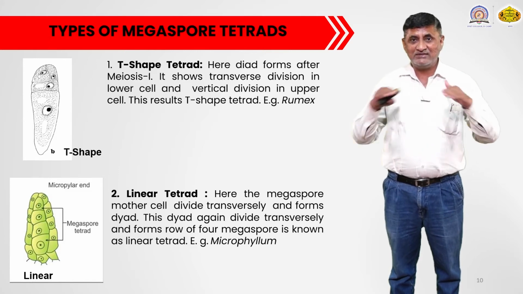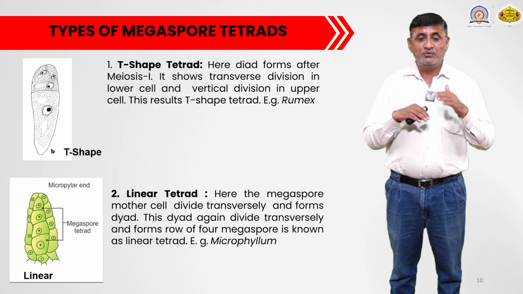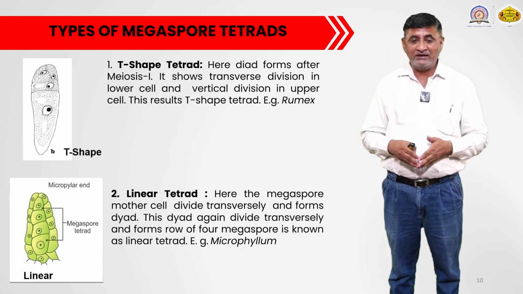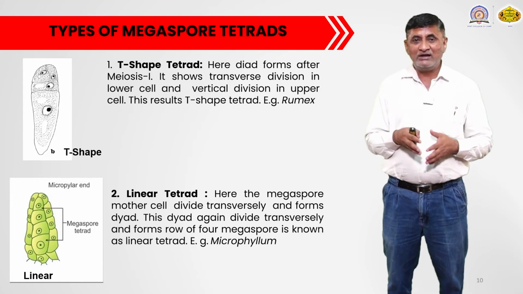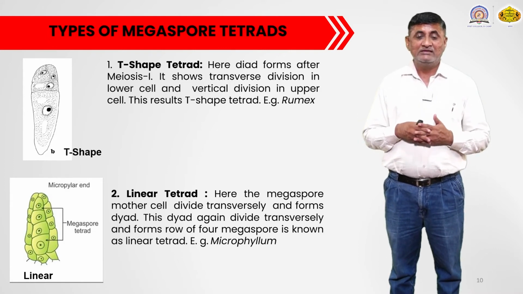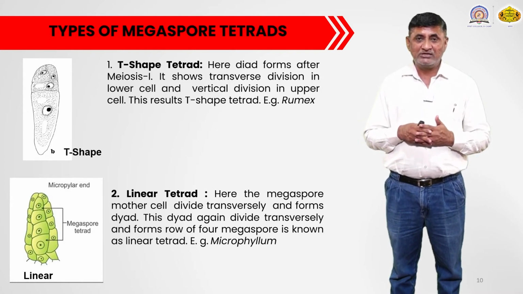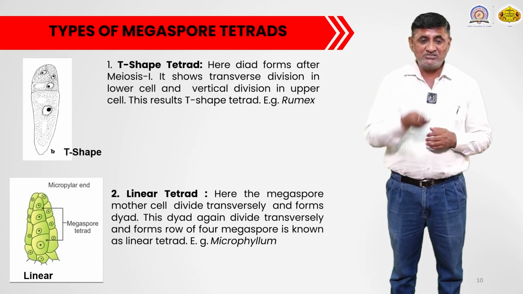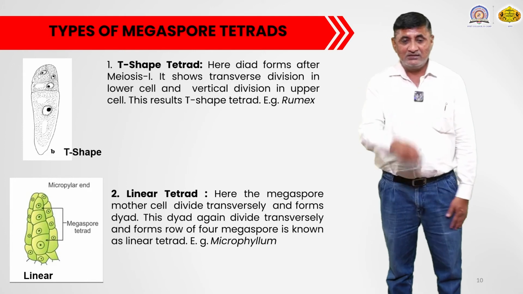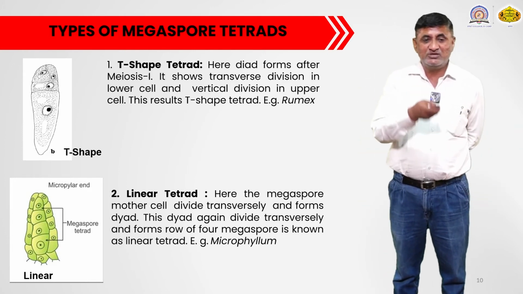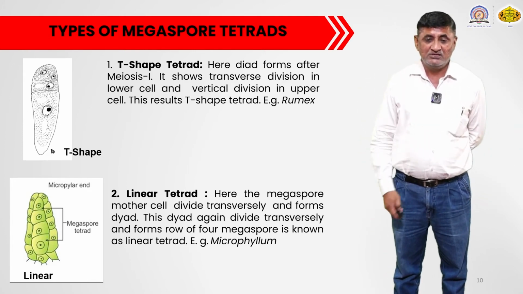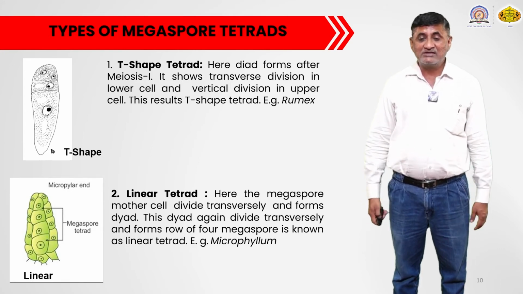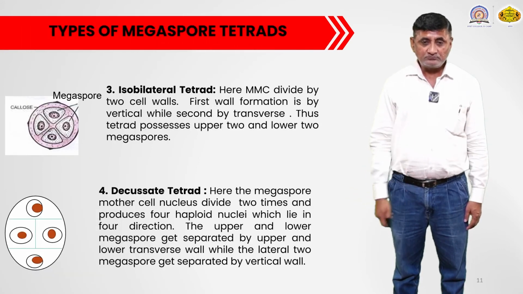Because of that second transverse division, a row of 4 megaspores develops in a linear manner, in one line, and that is why it is identified as a linear megaspore tetrad. You can see the linear tetrad as well as the T-shaped tetrad in the image. The linear tetrad occurs in plants like Microphyllum.